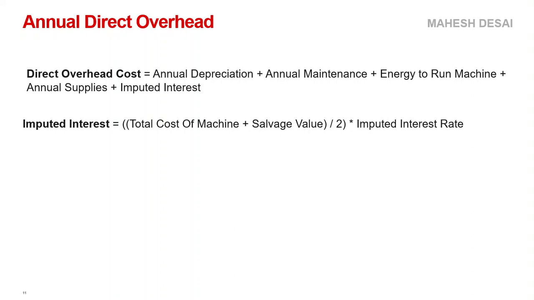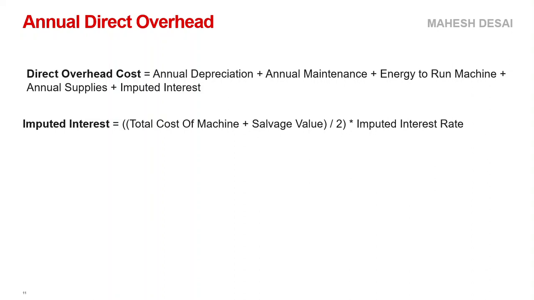If you were not buying the machine and instead invested this 10 lakh rupees in the bank or some other fund, you would get some annual interest from the bank, currently 6% or 5%, whatever.